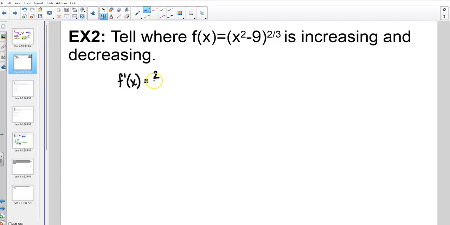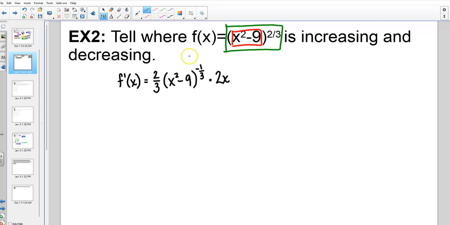So we will have 2/3 times x squared minus 9 to the negative 1/3 times 2x. We're doing a chain rule there. Our outside is that stuff being raised to the 2/3 power. Our inside is the x squared minus 9.